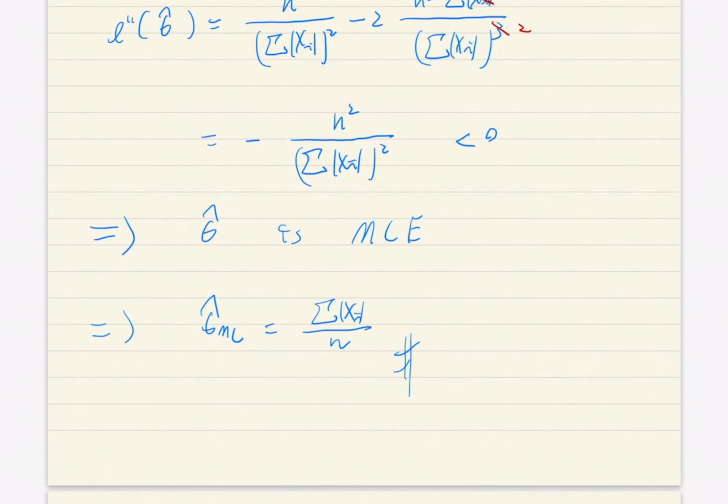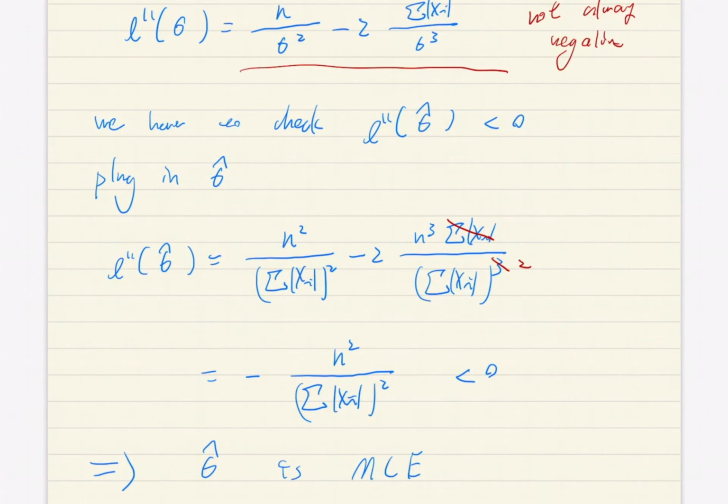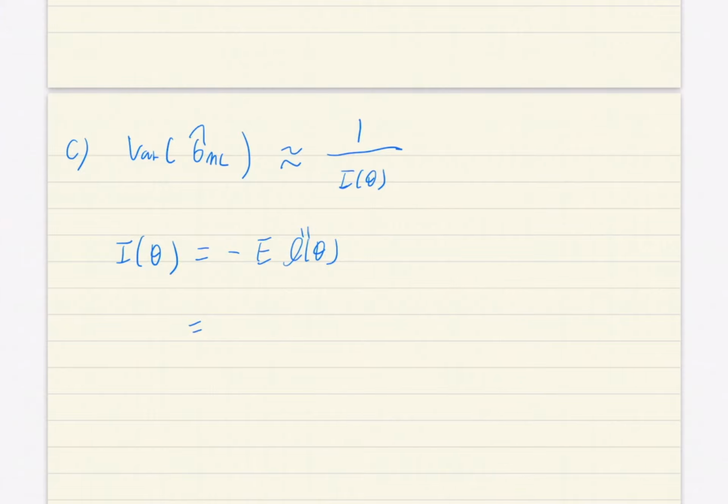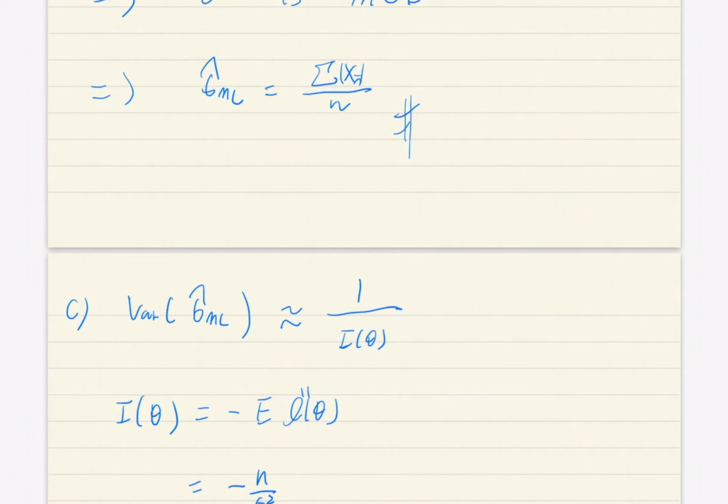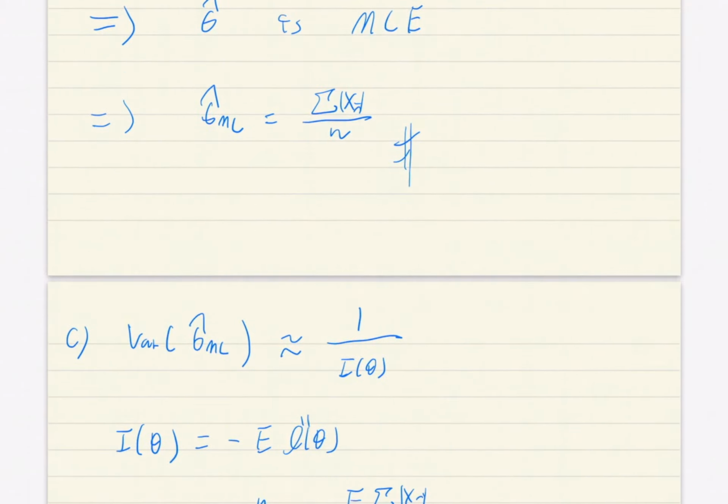So we can use this. Okay. So it becomes negative n over sigma squared plus 2 times the summation of the absolute value of xi divided by sigma with power 3.